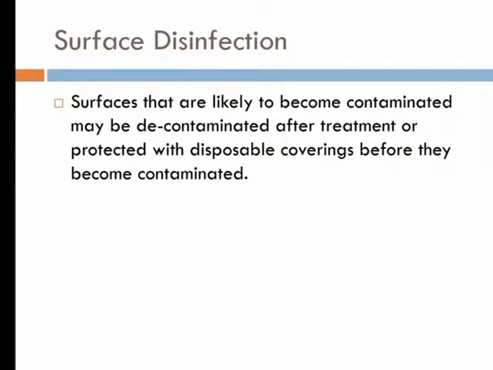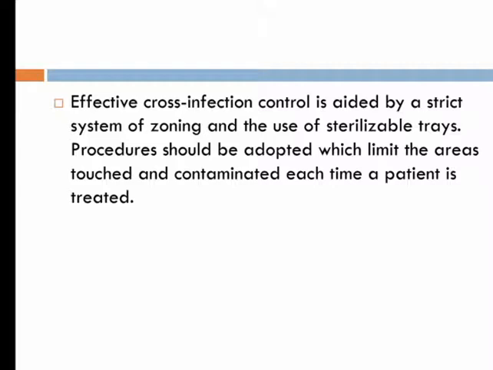Surface disinfection. Surfaces that are likely to become contaminated may be decontaminated after treatment or protected with disposable coverings before they become contaminated. An example here is cling wrap. Effective cross-infection control is aided by a strict system of zoning and the use of sterilizable trays. Procedures should be adopted which limit the areas touched and contaminated each time a patient is treated.